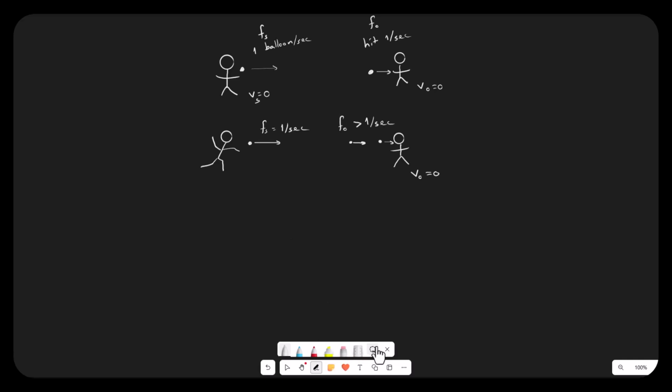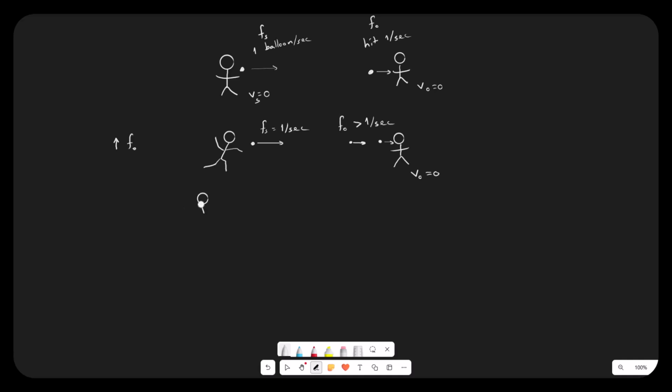Because I throw the first one, and then it's in the air, and by the time I throw my second one, I'm now over here. So now these are getting closer together. I'm getting hit more often than I was, which means I am increasing my frequency observed.